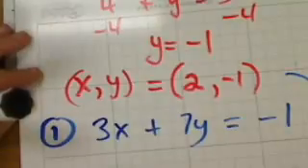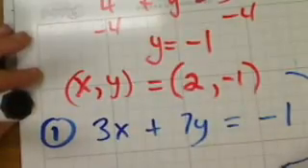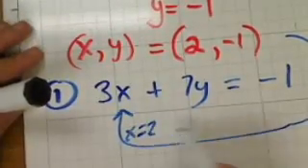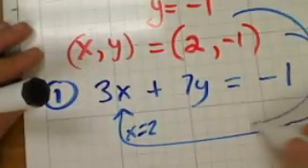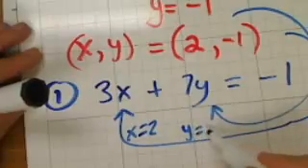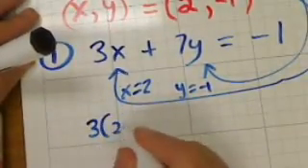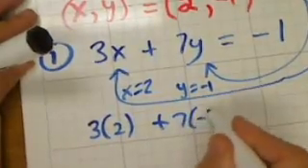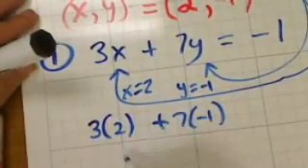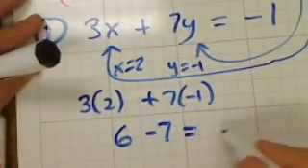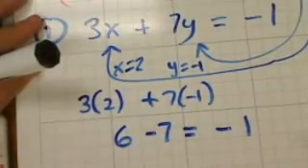And I'm going to check this value. I'm going to take the 2 and put it in for x, and I'm going to take the negative 1 and put it in for the y value, what I'm claiming. And let's check to make sure that works. 7 times negative 1, 3 times 2, that's 6. 6 minus 7 is indeed equal to negative 1.